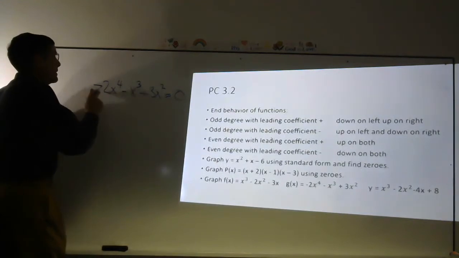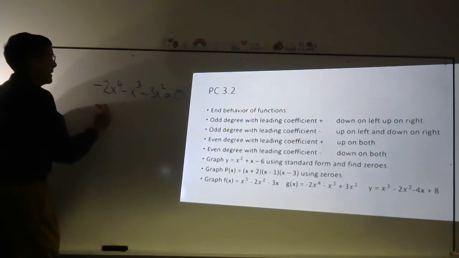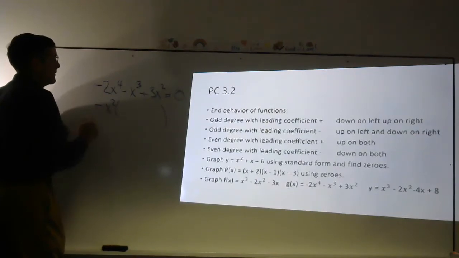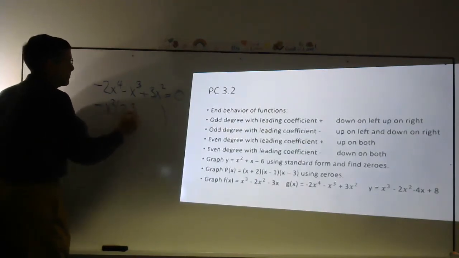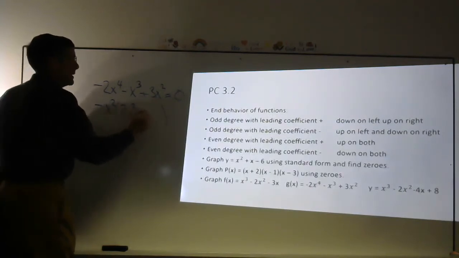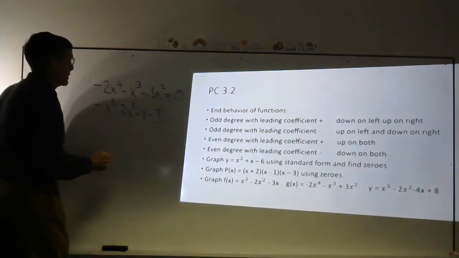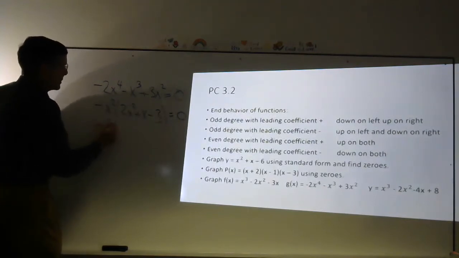I'm going to take a negative out of everything and an x squared. So I'll pull out a negative and an x squared. And what do I have left? I have a 2x squared, I have a positive x, and I have a minus 3. Yes? Okay, I think I got that right. Is equal to 0. All right, so I have negative x squared.